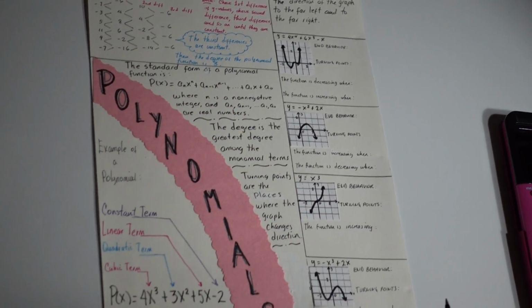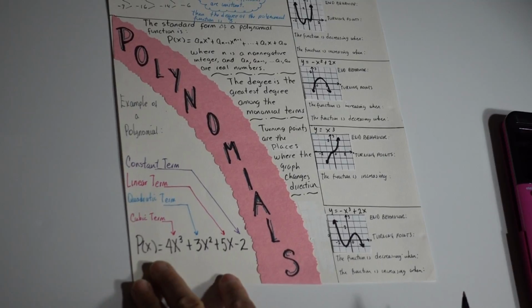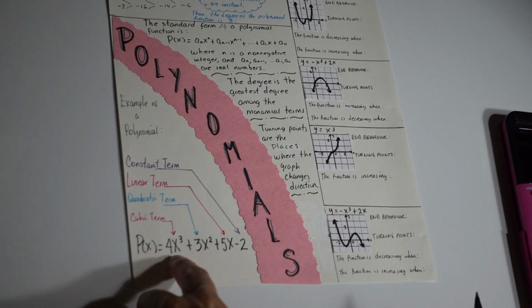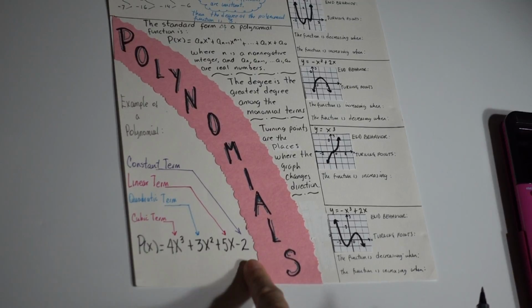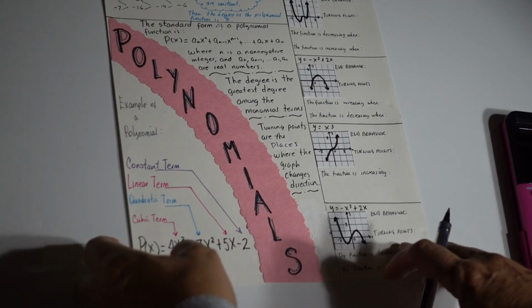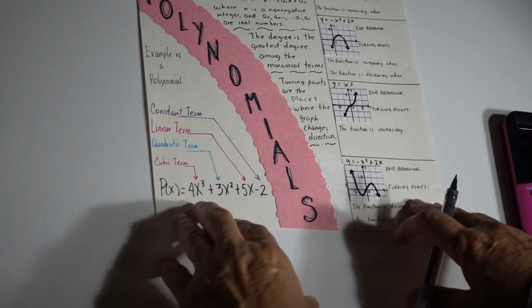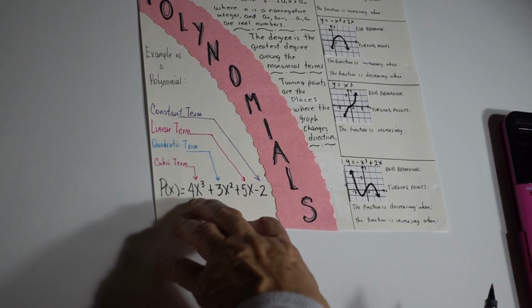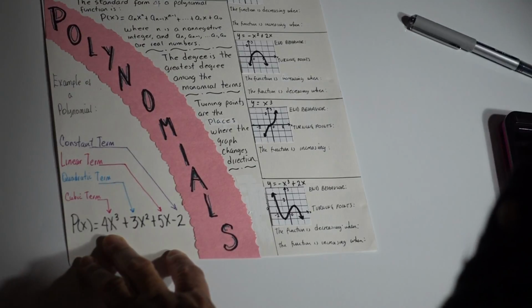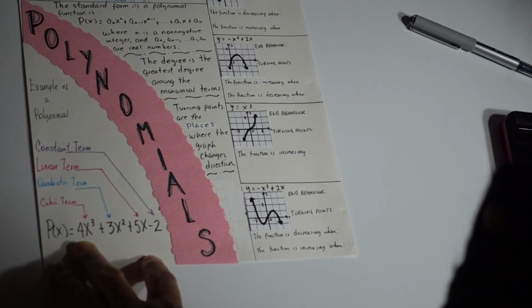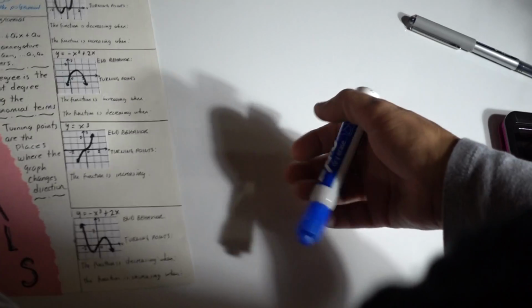So, for example, this example we covered yesterday. P of x is 4x to the third power plus 3x squared plus 5x minus 2. The leading term is 4x to the third power, and let me write it down.